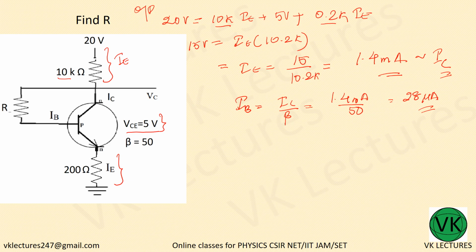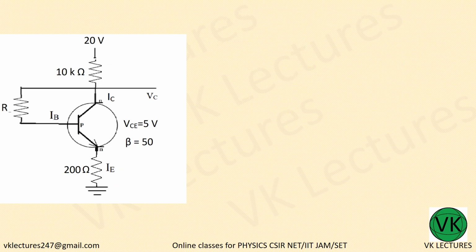Now what we have to do is, you know what is this drop. So the IB value we got is 28 microampere, and IC value is nothing but 1.4 milliampere. Now at this point you know what the voltage drop is. So let us write that once again, the input side.